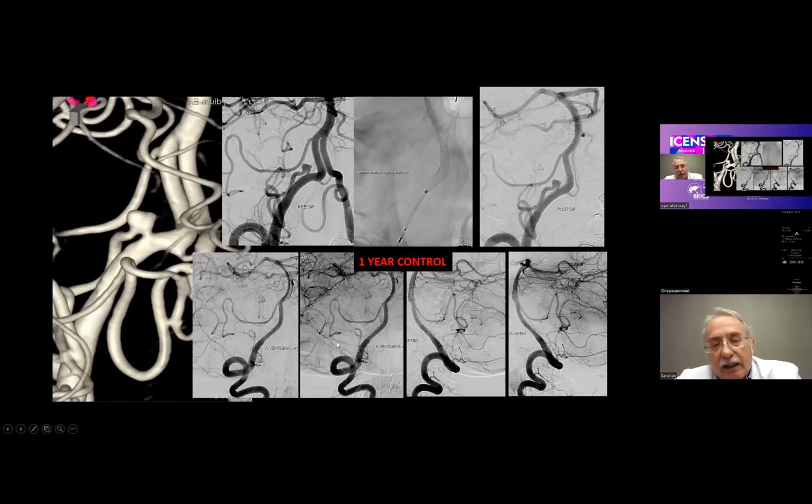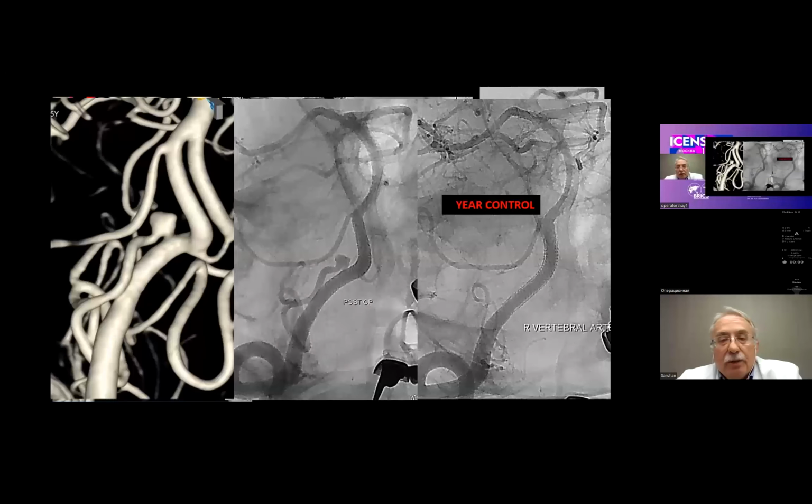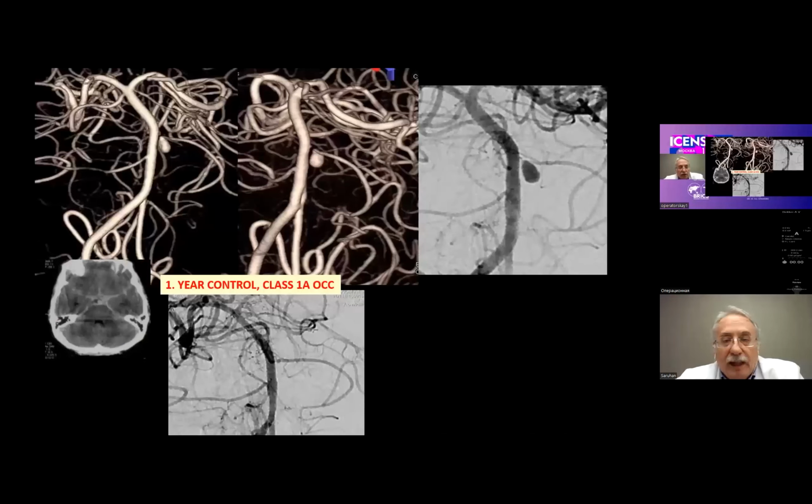And again, a class 1C occlusion with aneurysm occlusion, and there is enough collateral and asymptomatic occlusion of the PICA. So this is an ICA aneurysm, ruptured, and we rarely use flow diverters in ruptured aneurysms, but I tried everything to get in here.